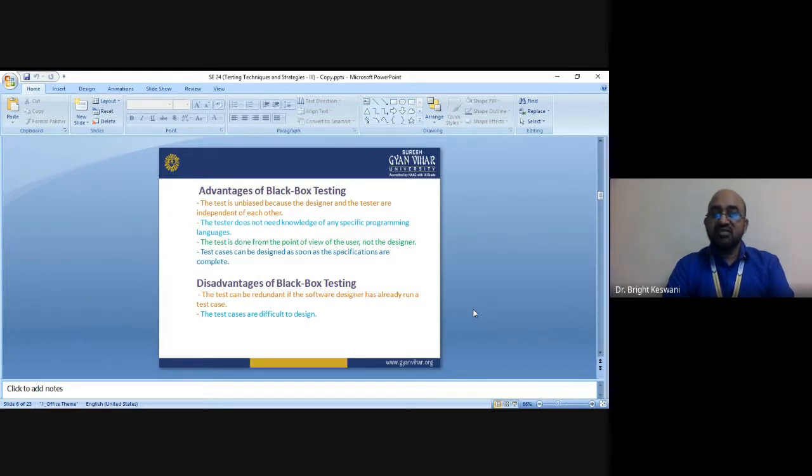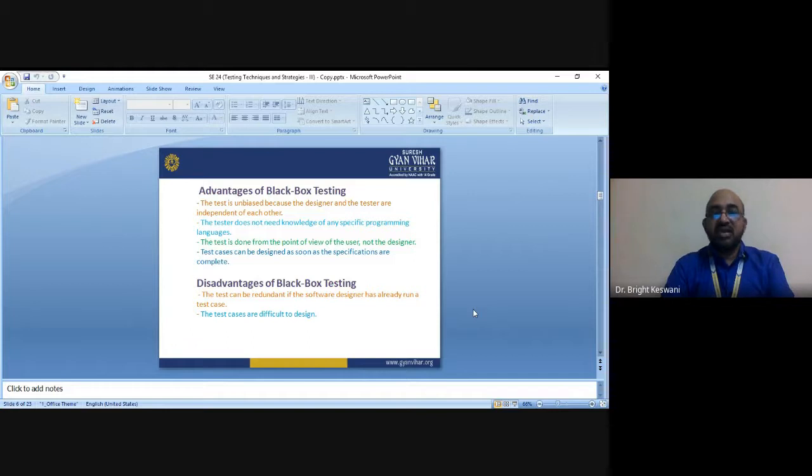Sometimes the designer, or the programmer who developed the software, has a biased view about the software product. If the designer and the tester work independently, the resultant value is unbiased.